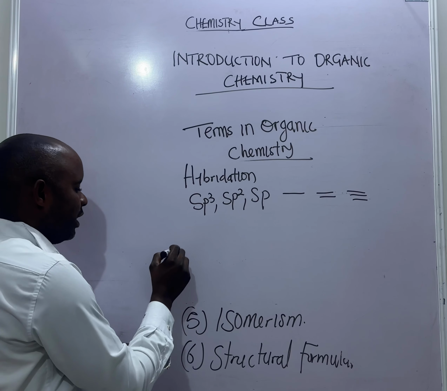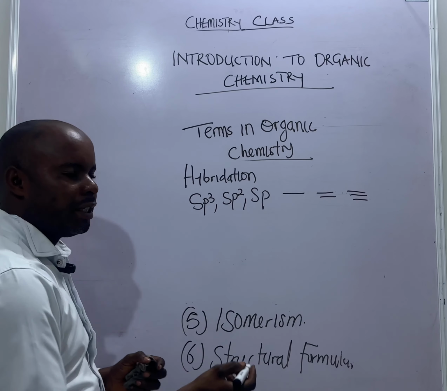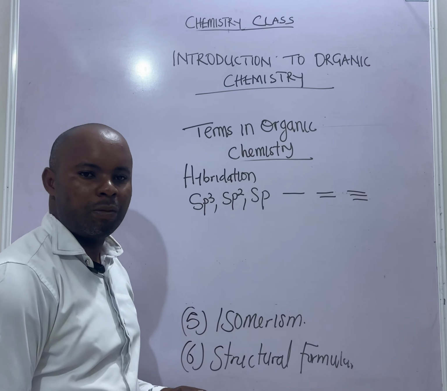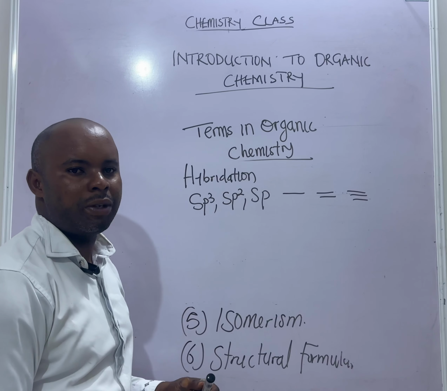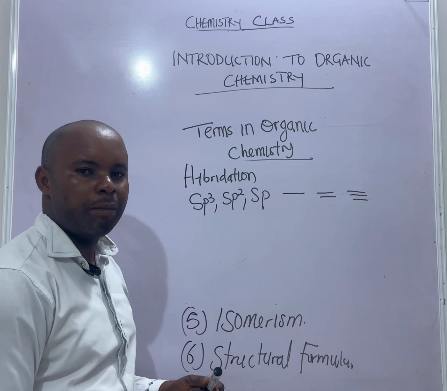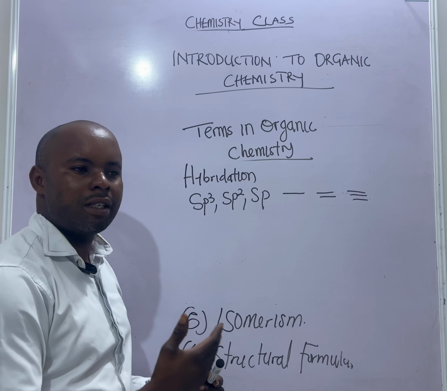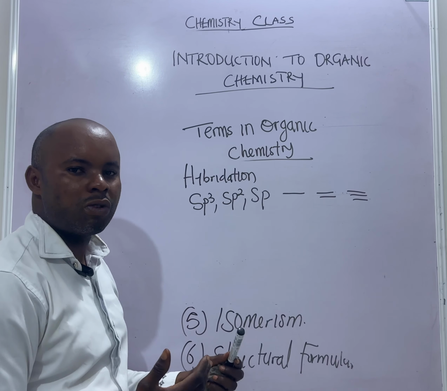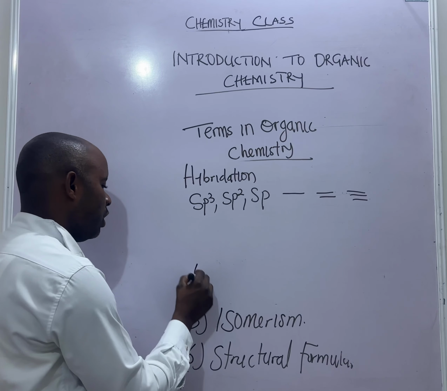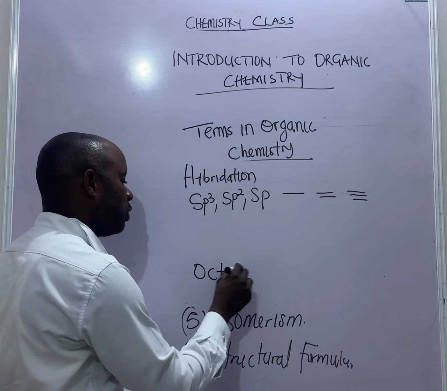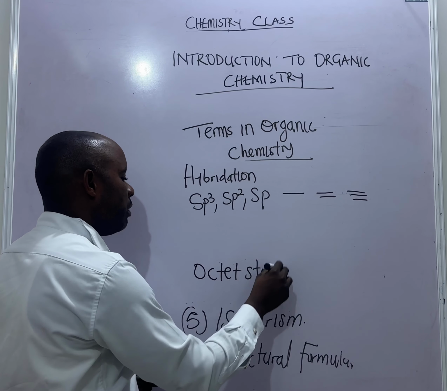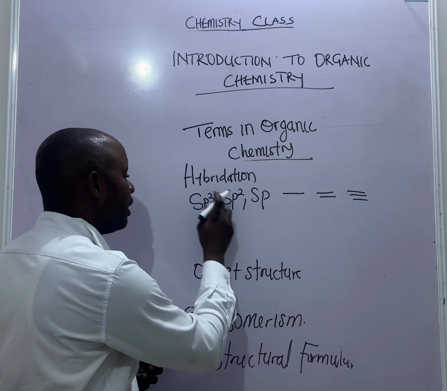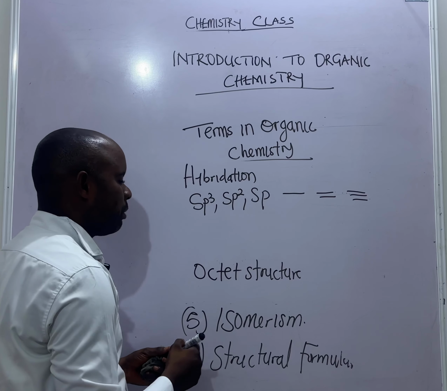We said every element in the periodic table aims to be stable, to have the octet structure. When we're discussing chemical combination, elements come together so that they can achieve what is known as the octet structure. So by so doing, this hybridization occurs in such a manner as well.